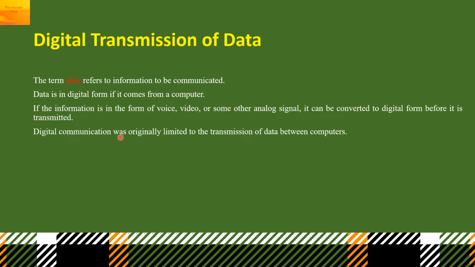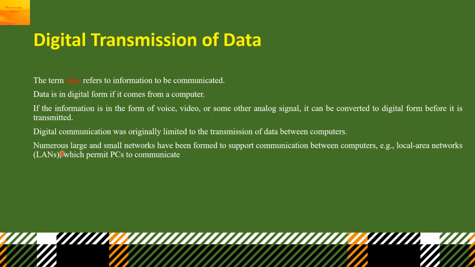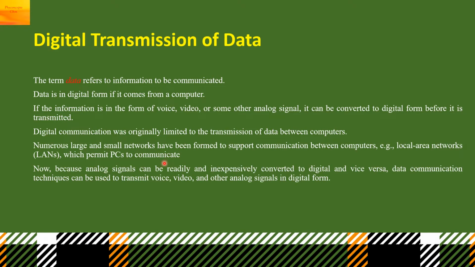Digital communication was originally limited to the transmission of data between computers. Numerous large and small networks have been formed to support communication between computers. Example, local area networks, that is LANs, which permit PCs to communicate.